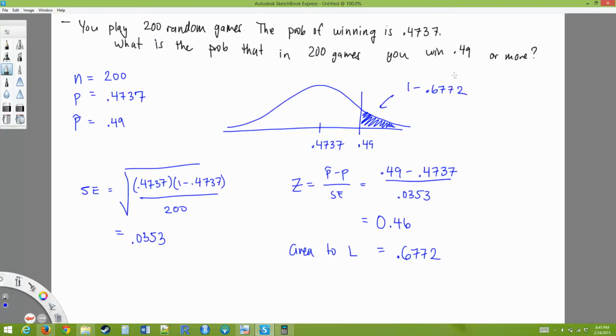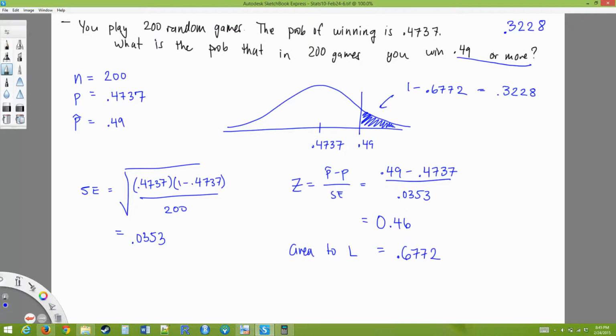Why am I doing 1 minus? Because it's saying 0.49 or more. Okay, so 1 minus that gives me 0.3228. So 32.3%. Yeah, so we'll just say 32%, okay? What is the probability that you win 0.49 or more? We'll just say 0.3228. That is our answer.